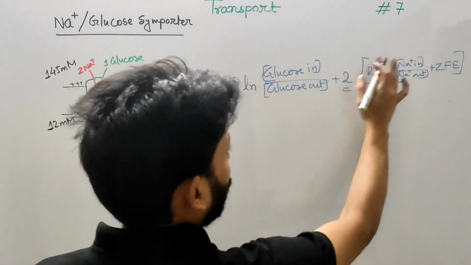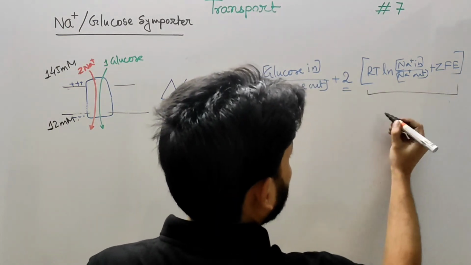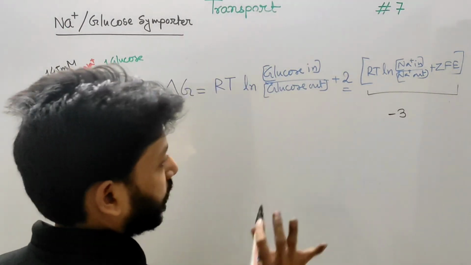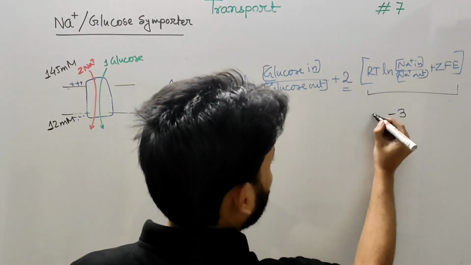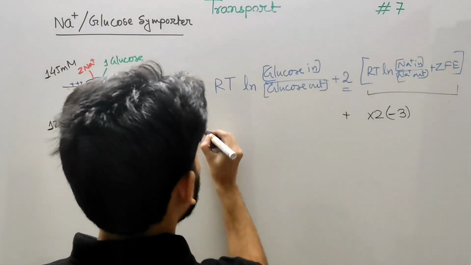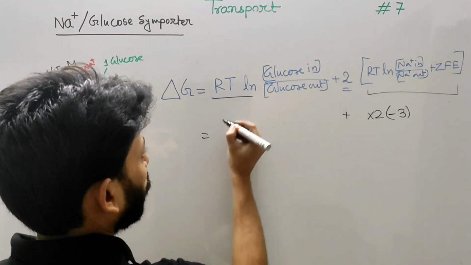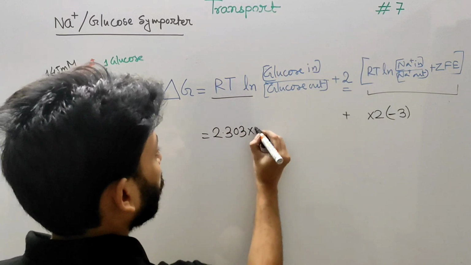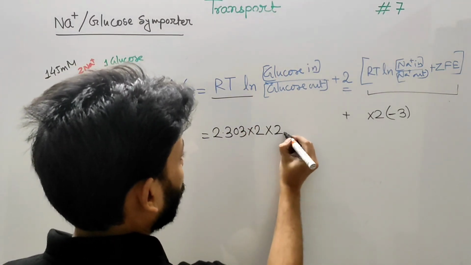Now we know the value of this is actually minus 3 kilocalorie, and it will be multiplied by 2. So this whole formula will change into 2.303 into R, which is 2, into T, which is 298.